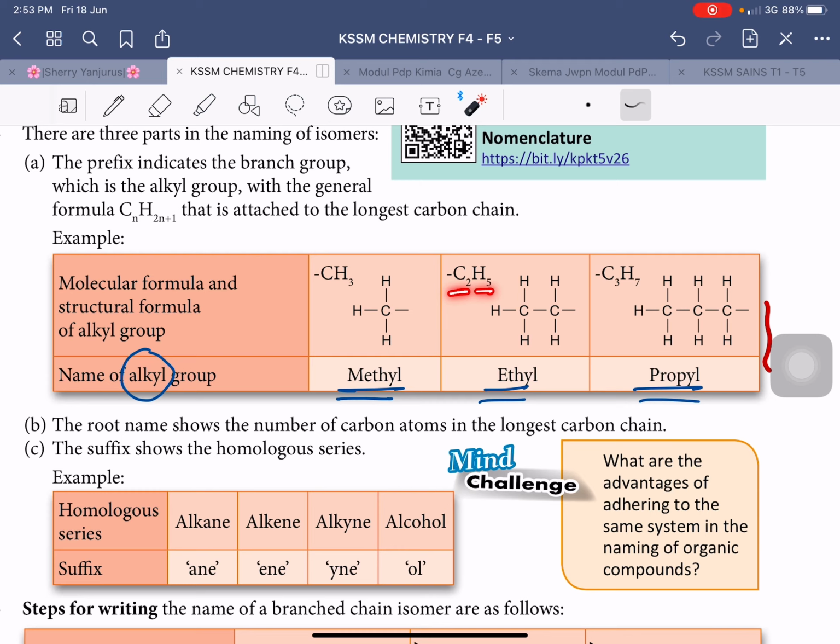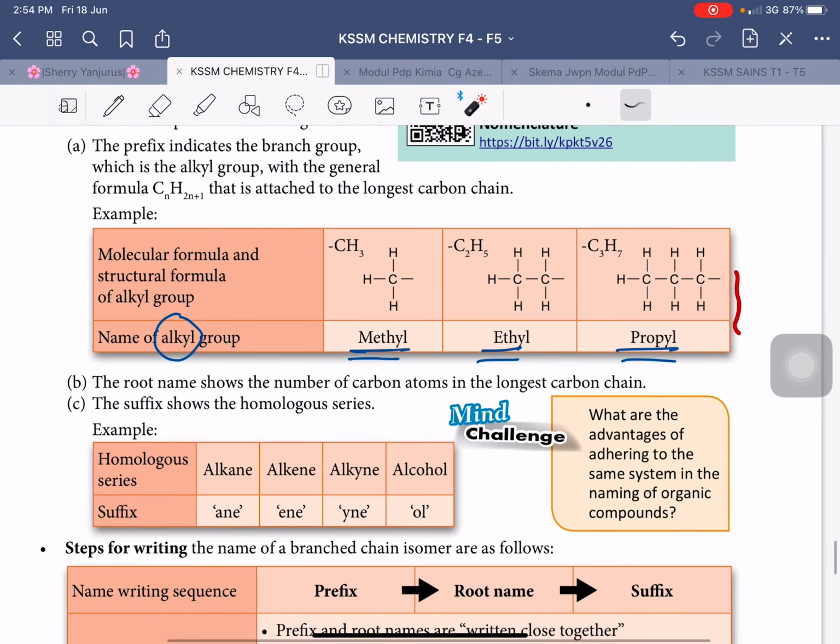Macam mana mau dapat? Guna formula ini. Dan jangan risau, memang exam fokus sama ada satu ataupun dua only. CH3, C2H5. Okay, my elephant pergi. Sama juga konsep dia, okay. My is the first one, methyl. Elephant is the second one, ethyl. Okay, so this is the cabang.